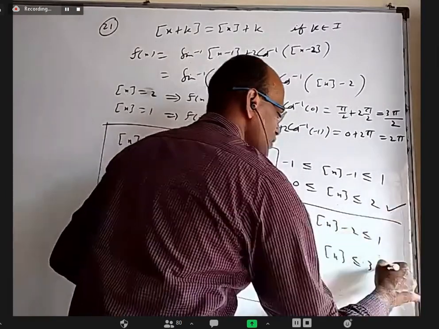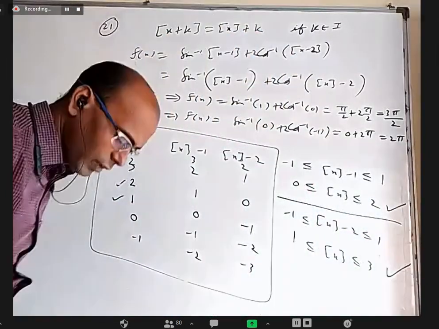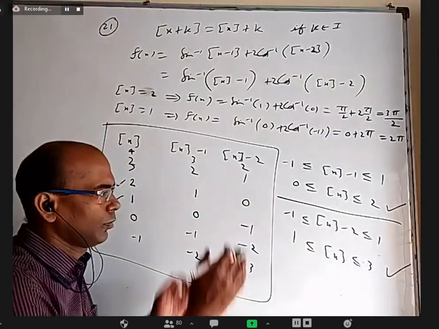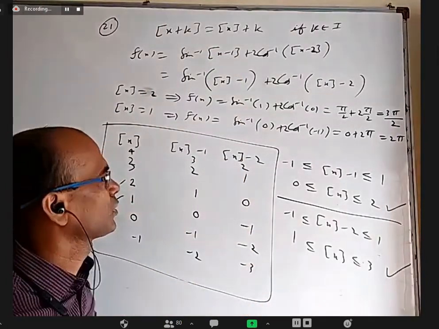When I take intersection of these two, finally I will get, one says between 0 to 2, another says between 1 to 3. What is the intersection?